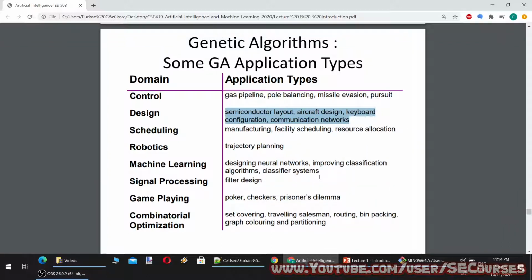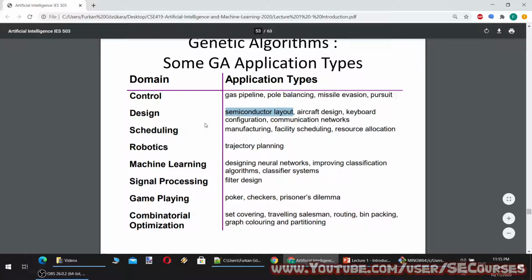Semiconductor layout, aircraft design, keyboard configuration, communication networks. For example, on semiconductor layout, it is extremely important to use that board efficiently. You have to put conductor lines on that board with maximum efficiency to get the maximum profit, to spend the least amount of resources.